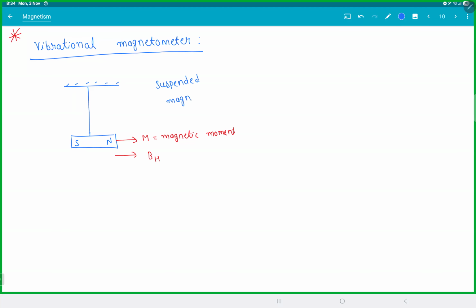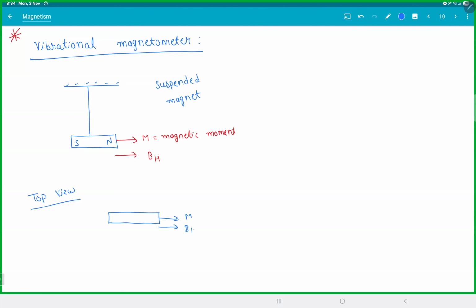Because if you remember, torque is equal to mu cross B, it will align in the direction of the magnetic field. So if you look at this top view, this is your magnetic field and this is your BH.